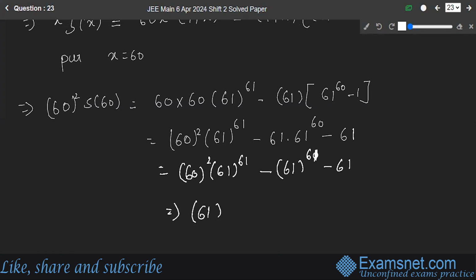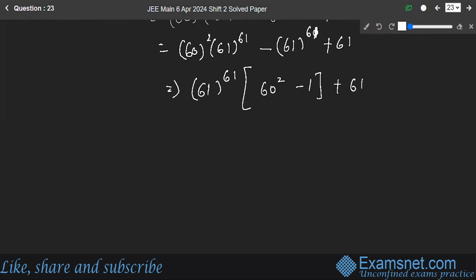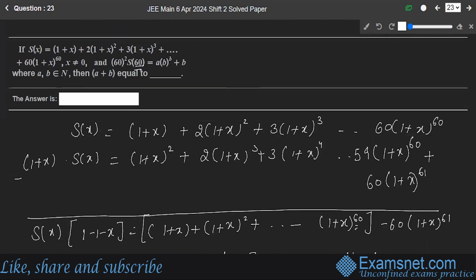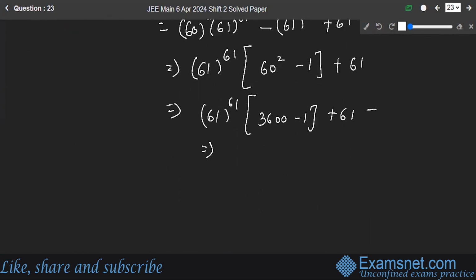Let's take 61 power 61 as common from here, minus this, and here was plus this 61. And this will be 61 raised to power 61. This is equal to 3600 minus 1 plus this. I think I got this. This is equal to a into b raised to power b plus b. So this is equivalent to a into b raised to power b plus b.